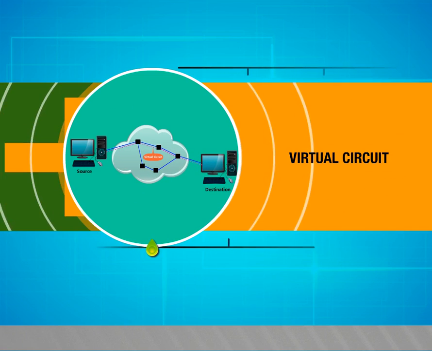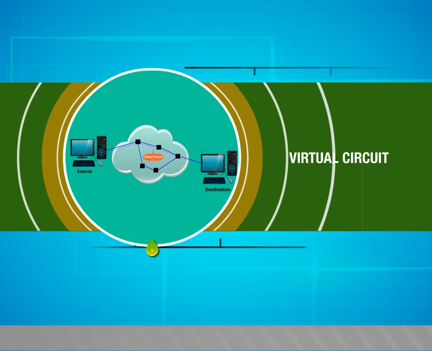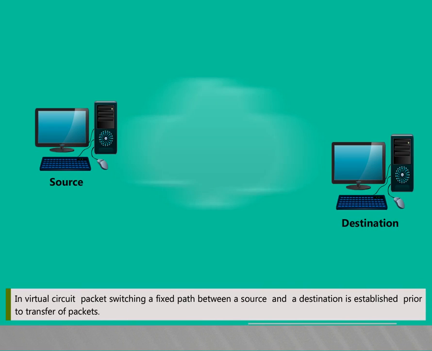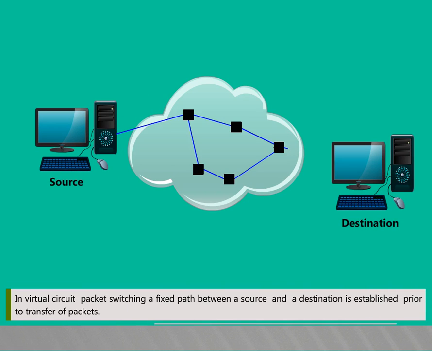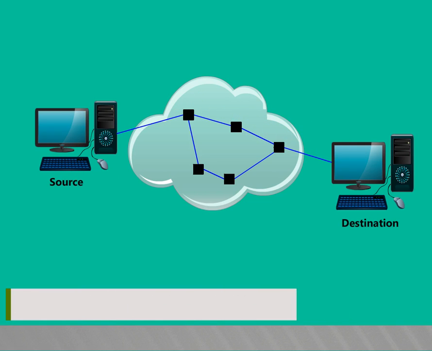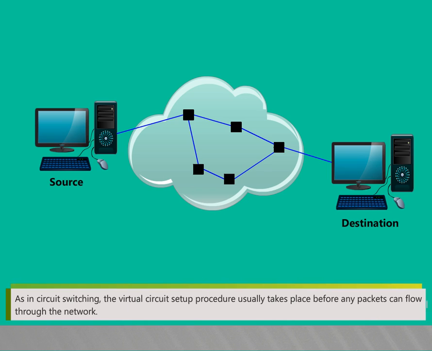Virtual circuit. In this video, we are going to see about virtual circuit. In virtual circuit packet switching, a fixed path between a source and a destination is established prior to transfer of packets. As in circuit switching, the virtual circuit setup procedure usually takes place before any packets can flow through the network.